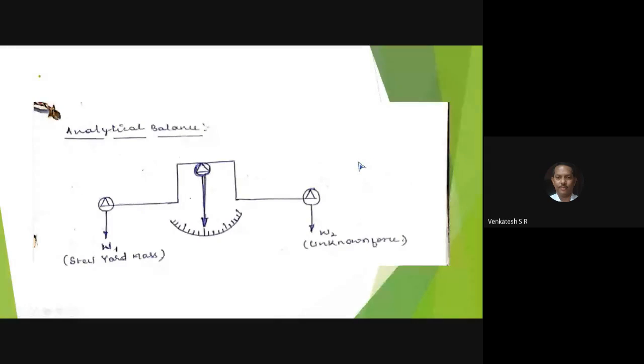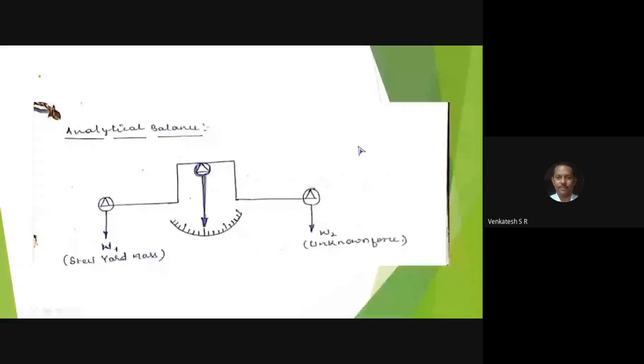That is called null balance. After making the instrument read null balance, you start the measurement by keeping the chemical in the unknown force pan, keeping the weights in W1, and bringing the needle to read zero. This is the procedure you have to use for the working of the analytical balance.